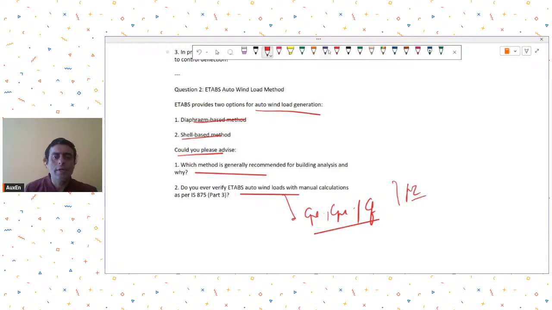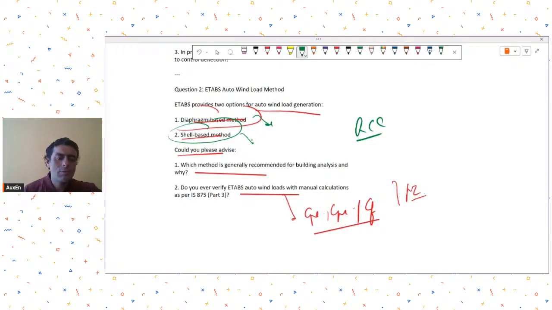But if you want to compare between the diaphragm based or shell based, I think for RCC buildings, where you have, let's say, an RCC slab with vertical elements and beams etc. connected to it, you may go with the diaphragm based method or shell based method.